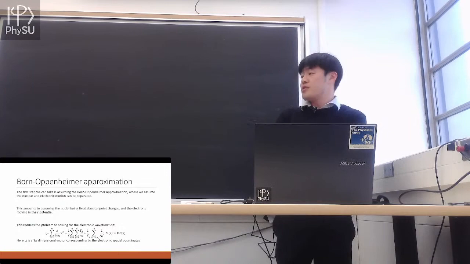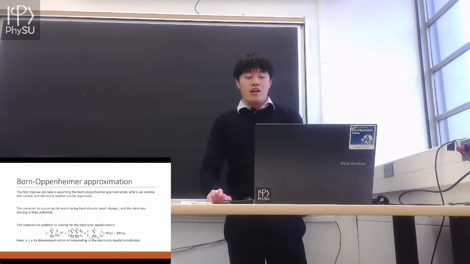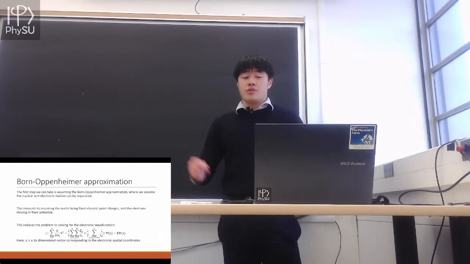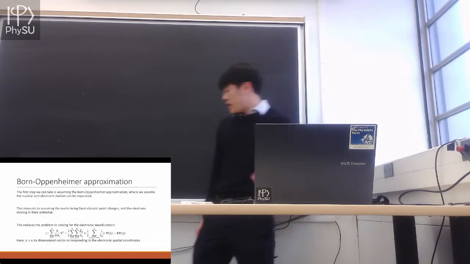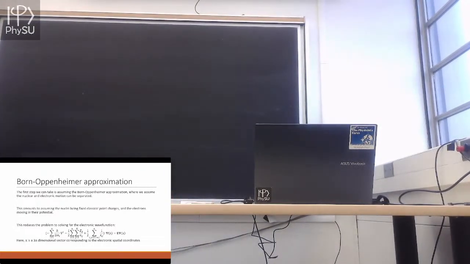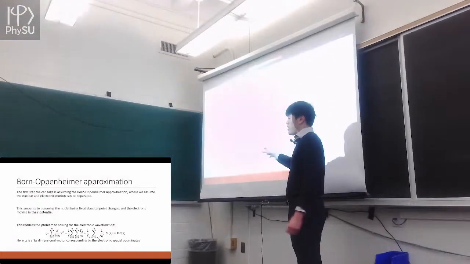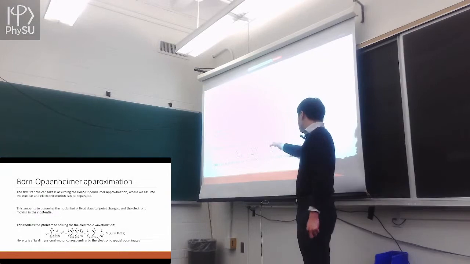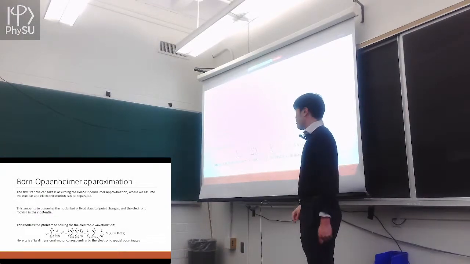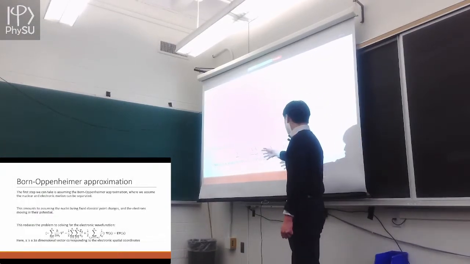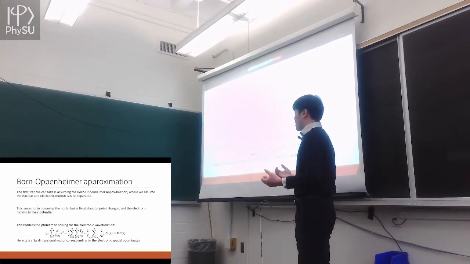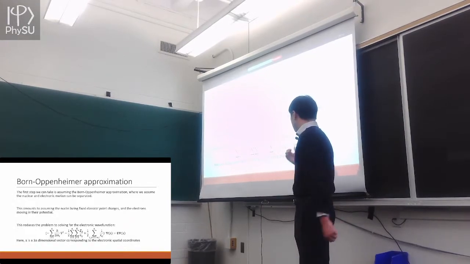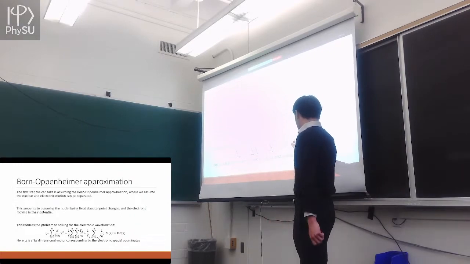When you make this approximation, this reduces the problem to solving for just what's called the electronic wave function. Here I have the Hamiltonian that the molecular Hamiltonian reduces to under the Born-Oppenheimer approximation. You can see all the terms that correspond to nuclear motion and the attraction or repulsion between the nuclei are gone.